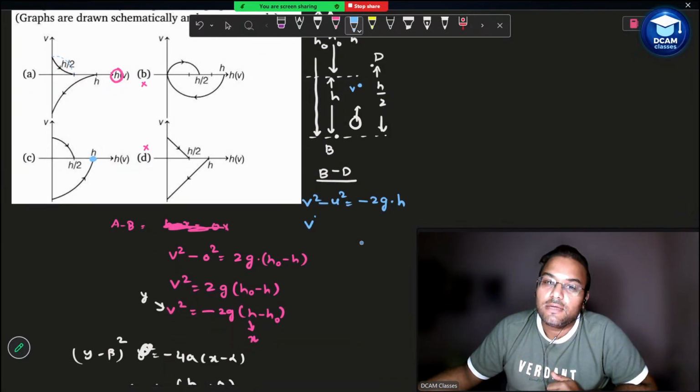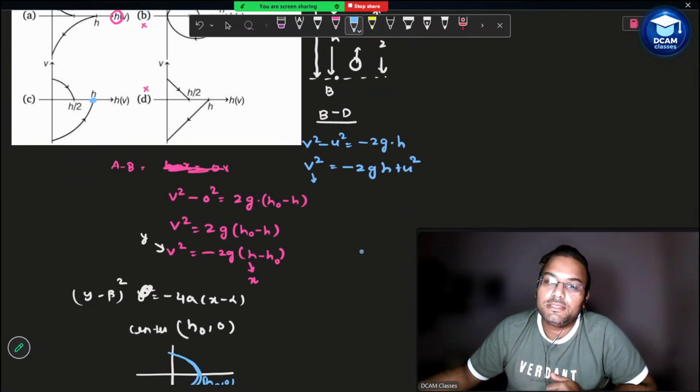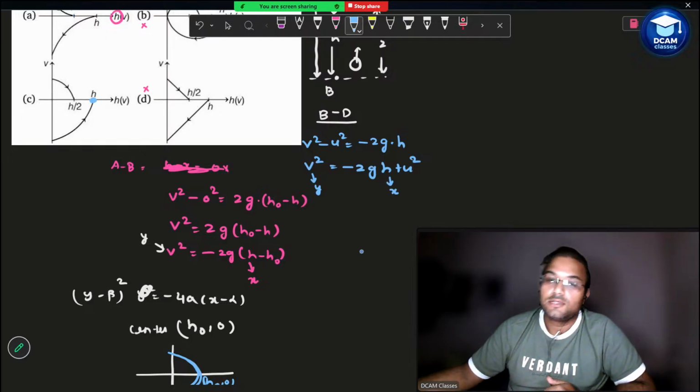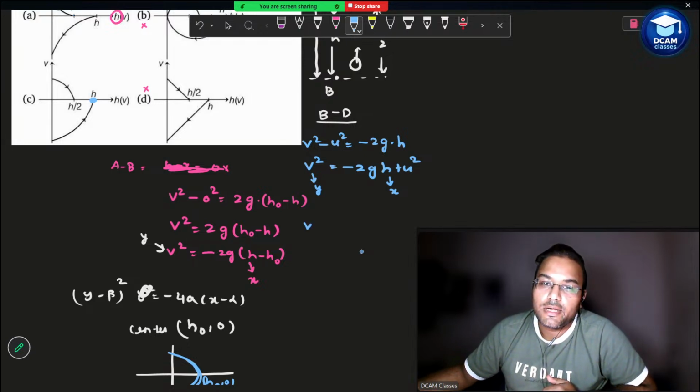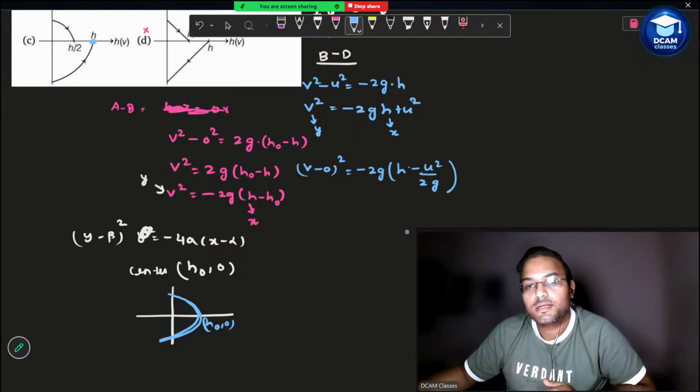So for this, v square is equal to minus 2gh plus u square. Now here v is the y-axis and h is your x-axis. So you can write it as v minus 0 whole square is equal to minus 2g into h minus u square by 2g. Correct?